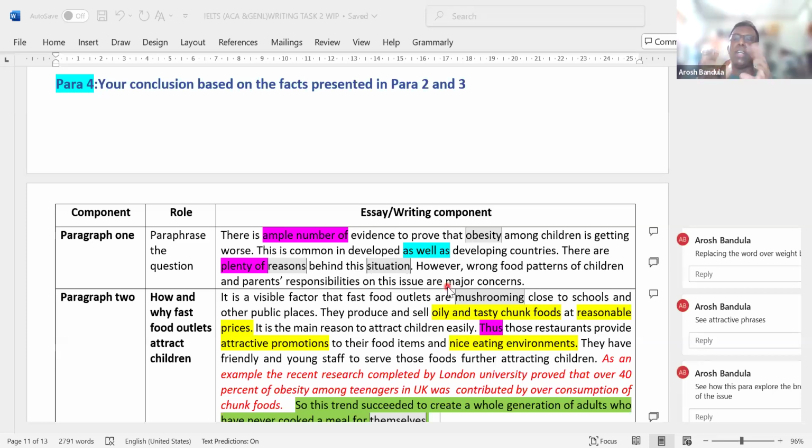You see the way I wrote? I told that there are plenty of reasons behind it, but wrong food patterns of children and parents' responsibilities on this issue are major concerns.